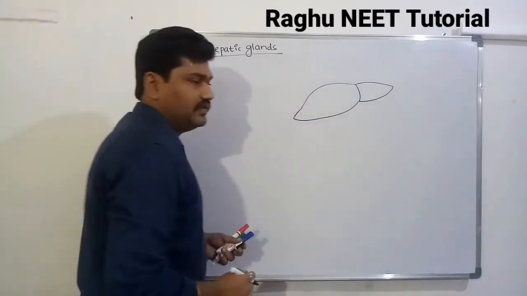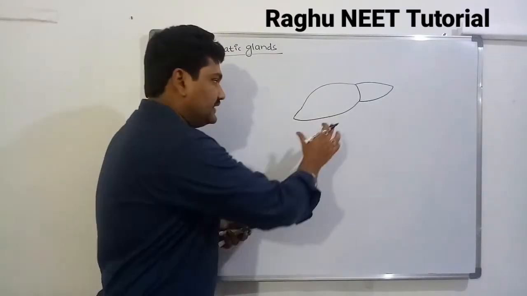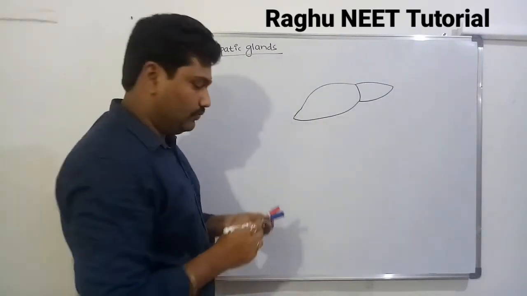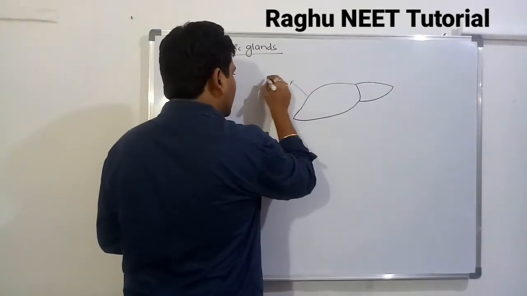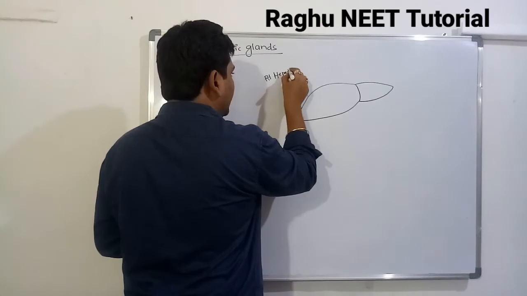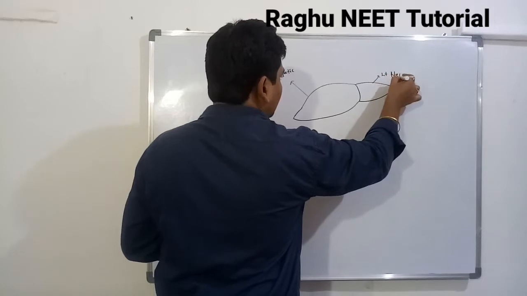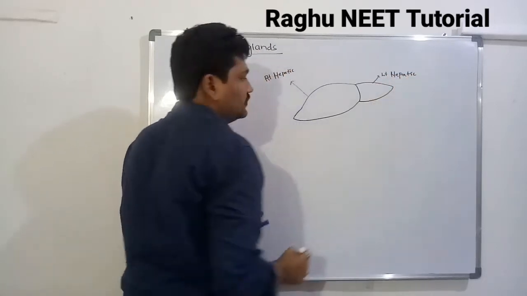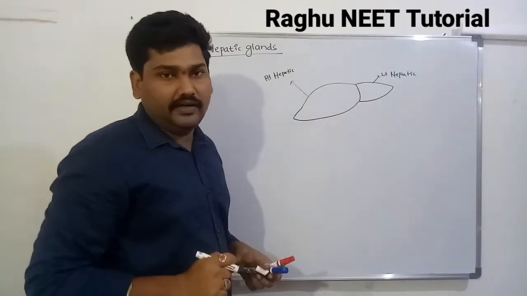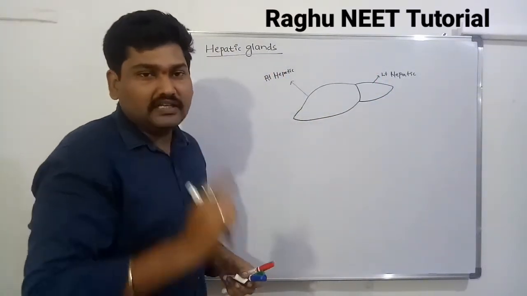So the liver is one of the largest glands in our body. It consists of two lobes. The right side is called the right hepatic lobe, and the left one is called the left hepatic lobe. These right and left hepatic lobes are joined by a small membrane.